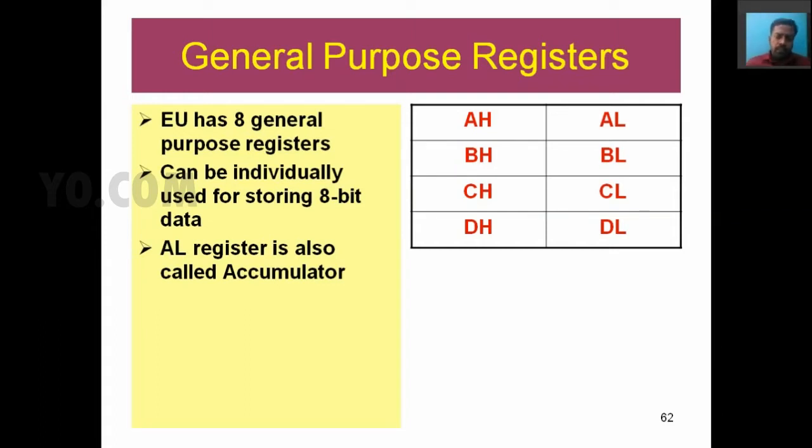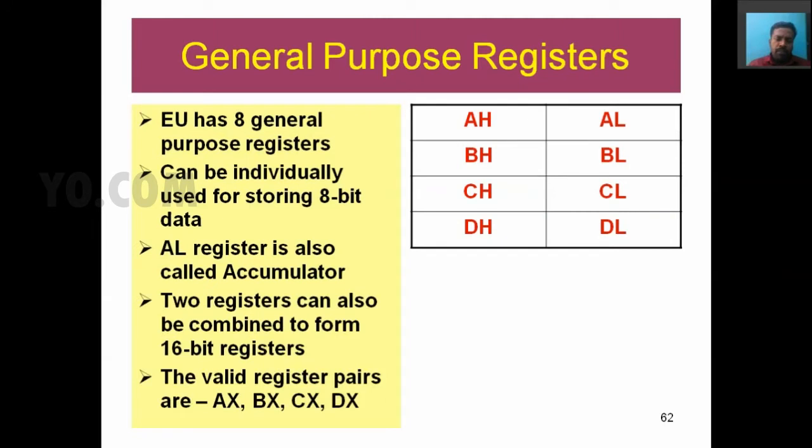Similarly B, C and D. These are the general purpose registers. The A register is always called the accumulator. Why accumulator? A stores data during mathematical operations, that is arithmetic and logical operations, and the result is also stored in the accumulator only.